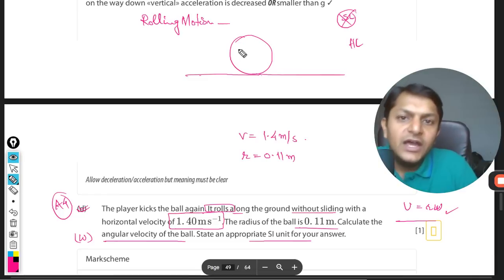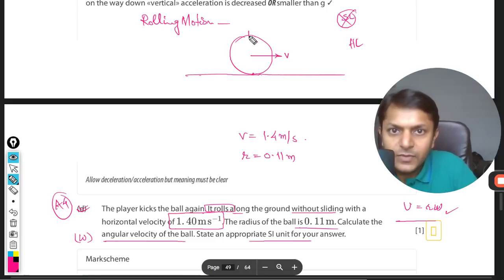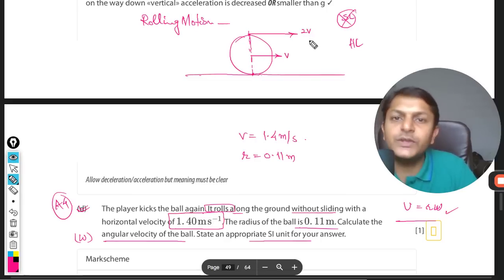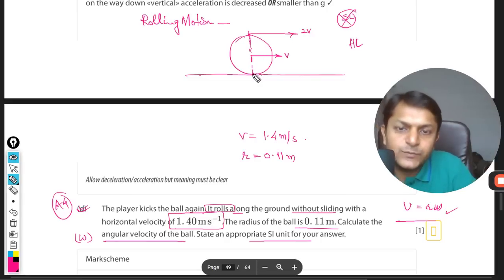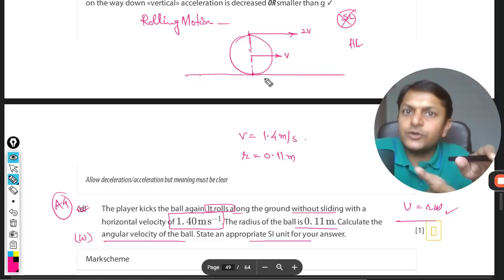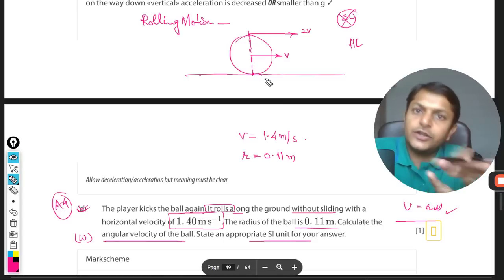Listen to me. Now, this is the perfect case of rolling. It means that this point is not moving at all. This point is moving with a certain velocity v. In the case of rolling, this point is moving with the speed of 2v. This point, which is in contact with the ground, because there is no sliding, there is no relative motion between the two, so it is not moving.